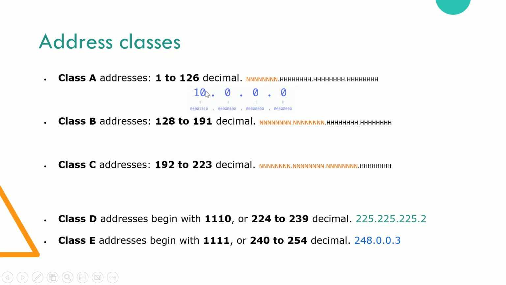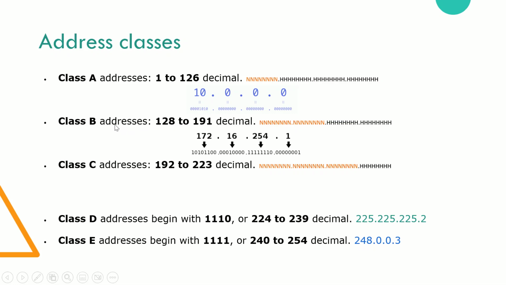For example, 10 is between 1 to 126, and it's categorized in class A. And in class B, for example, between 128 to 191, you can see 172 is between 128 to 191.